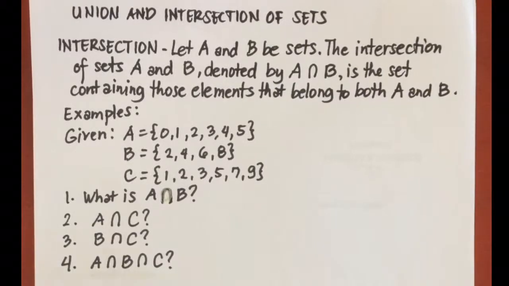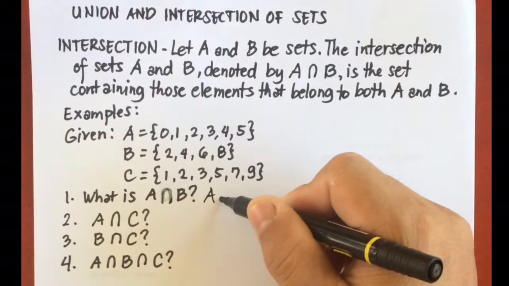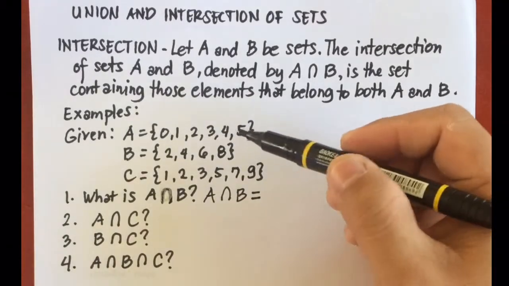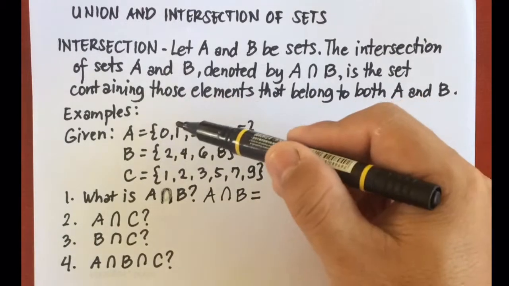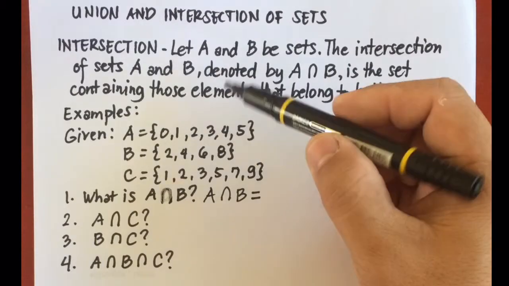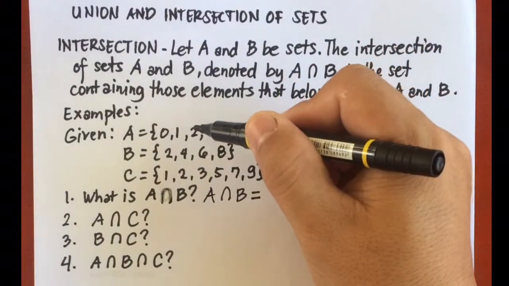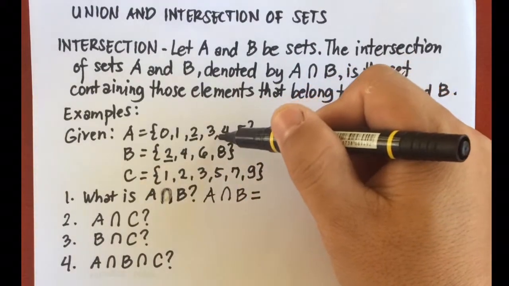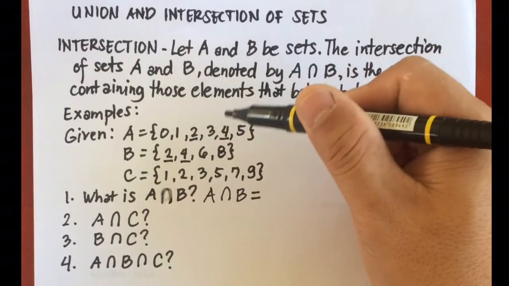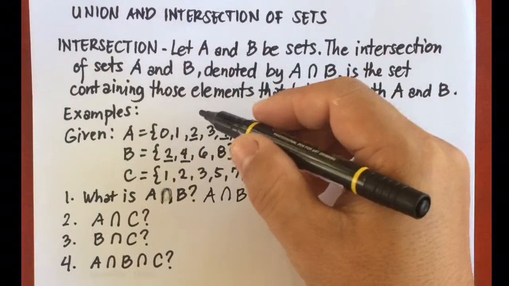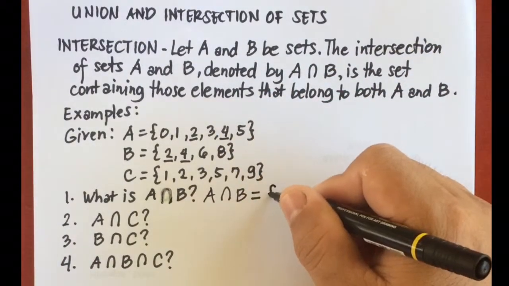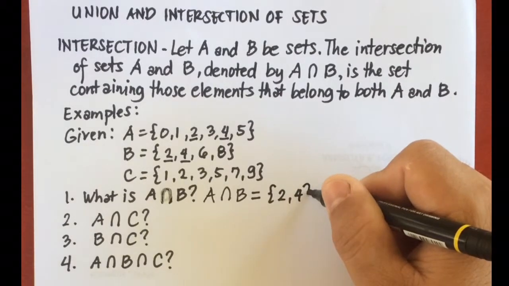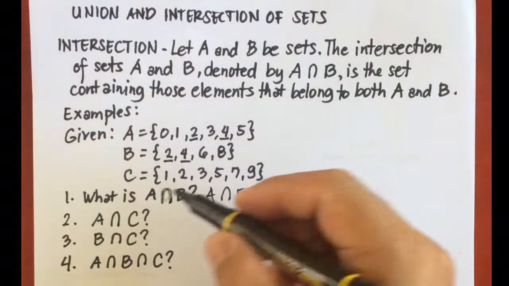So for example, A intersection B. You're going to find here the elements that are common in A and B. So looking for the elements, we have 2, common is 2. We also have 4, and no more. So we're going to have 2 and 4. So the common elements are 2 and 4. So this will be the intersection of A and B.